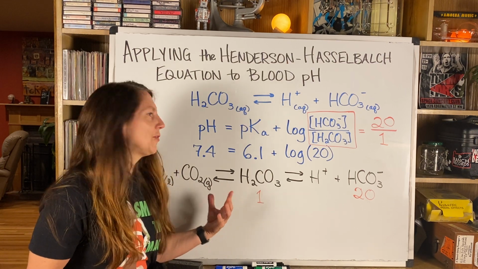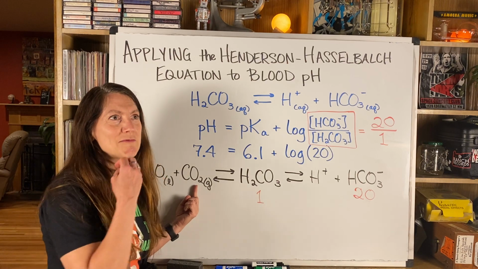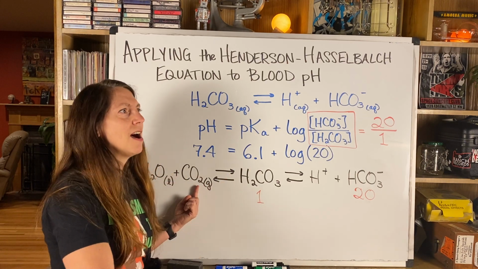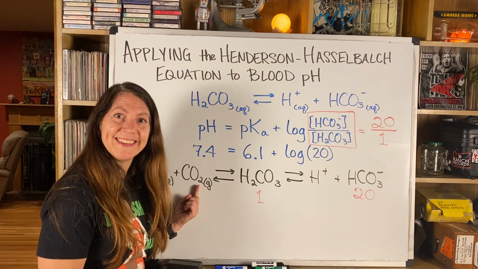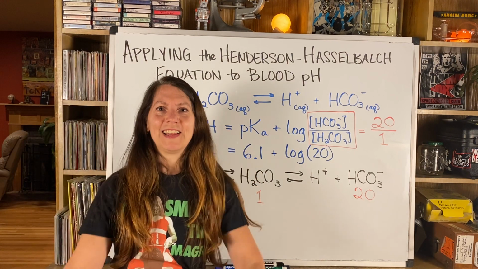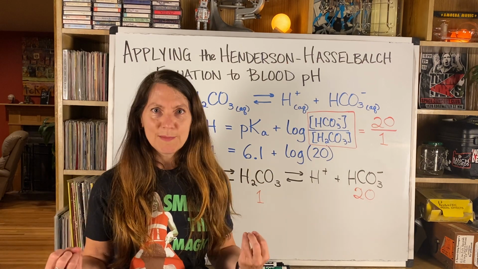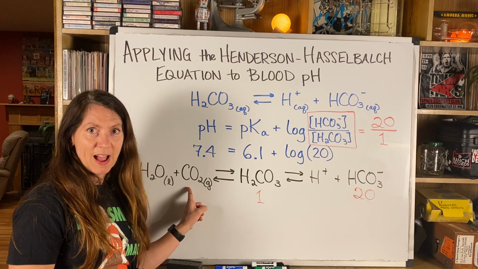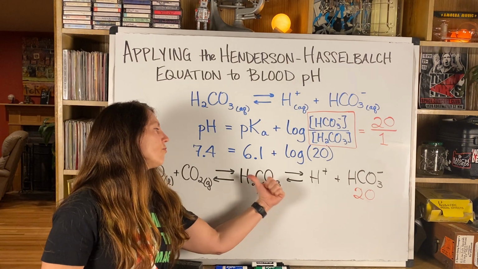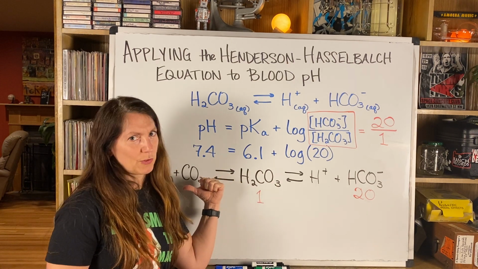Oh, if only there was a way that we could just get rid of carbon dioxide. If only there was a way. Yes? Exhaling. Through our breathing process, we are exhaling. We are getting rid of carbon dioxide. We're driving this equilibrium this way.